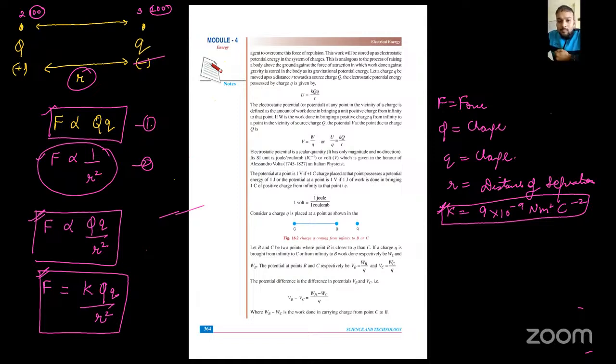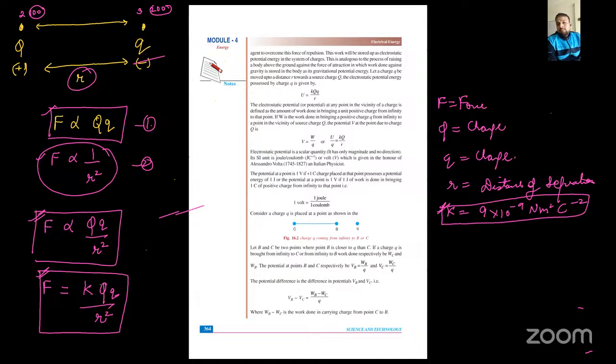Yes, sir. I have one doubt. Is this proportionality constant k also used for other calculations? For gravity, we also have one constant k. Is that the same thing? For example, force equals kma. In your book, force is directly proportional to mass, and directly proportional to a, so force is directly proportional to mass into a.